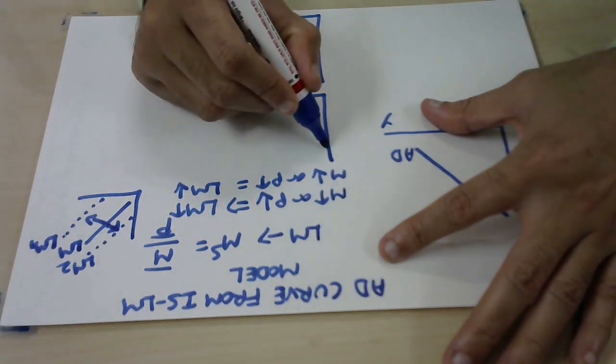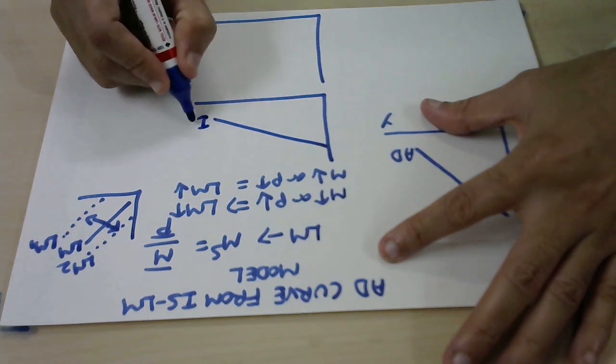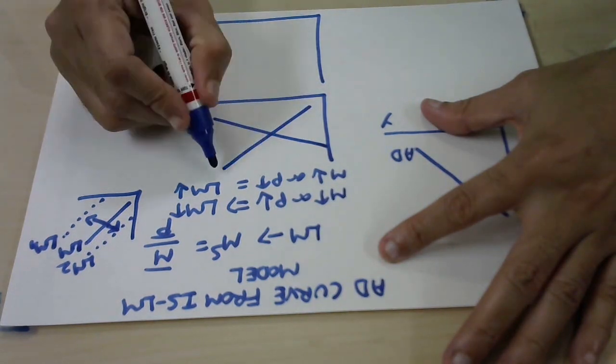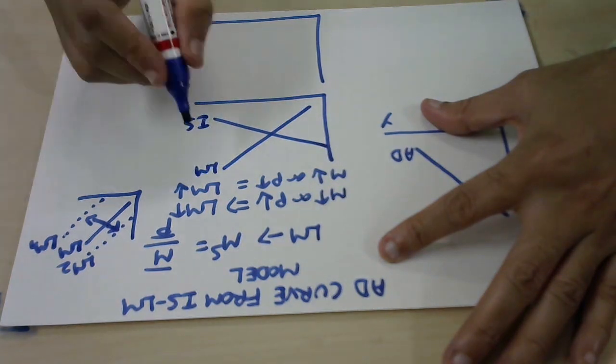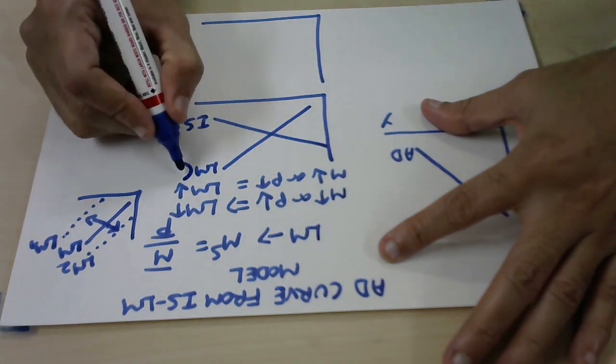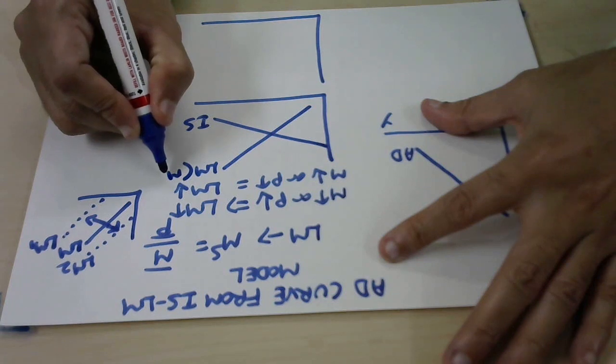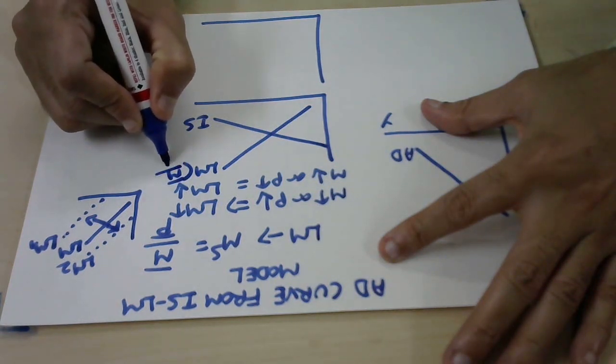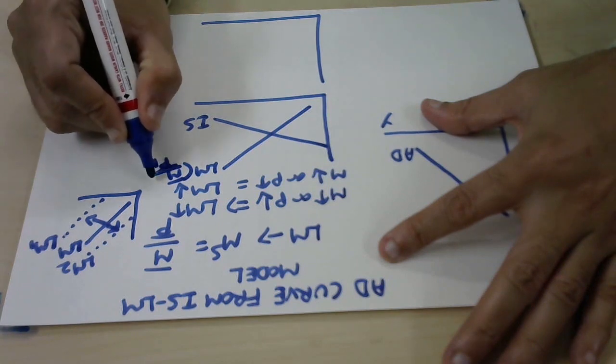My IS curve was looking like this, and the LM curve initially, suppose it was drawn for M bar and price level P1 bar.